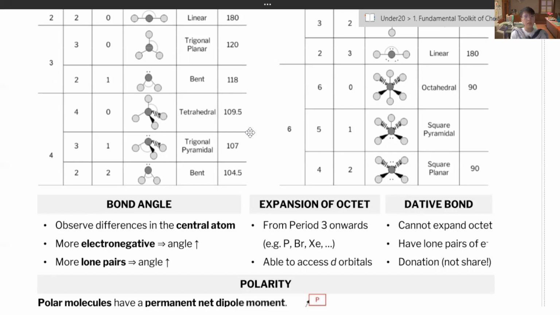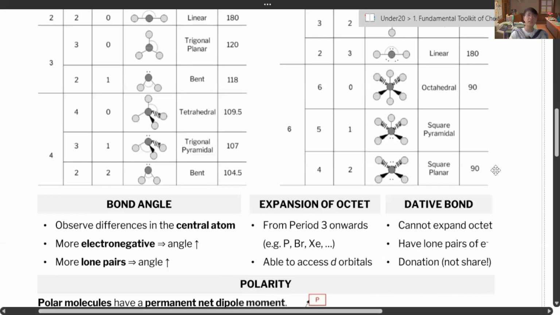If something is more electronegative, you pull the electrons closer towards you. When you pull the electrons closer towards you, the bond angle will increase because there will be larger repulsion, right? And if you have more lone pairs, the bond angle will also decrease because the lone pair repulsion will occur.